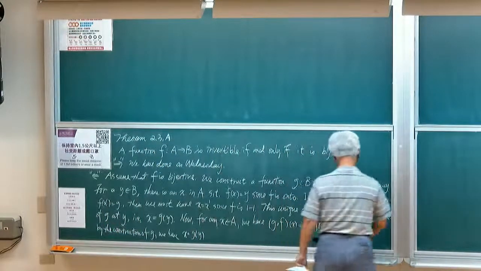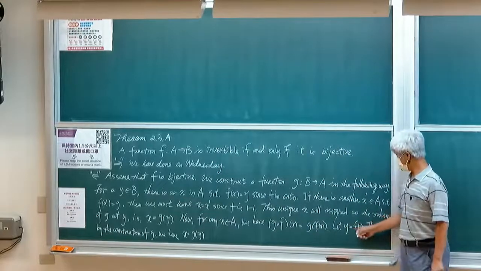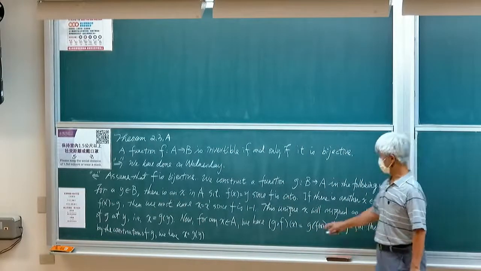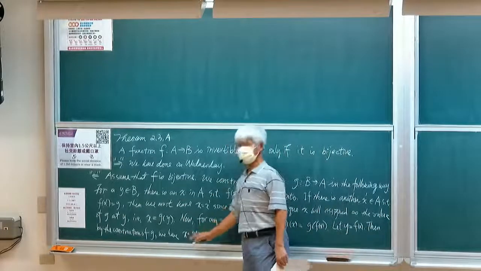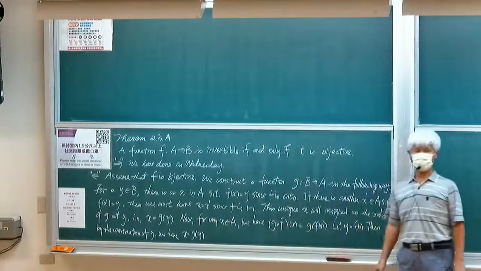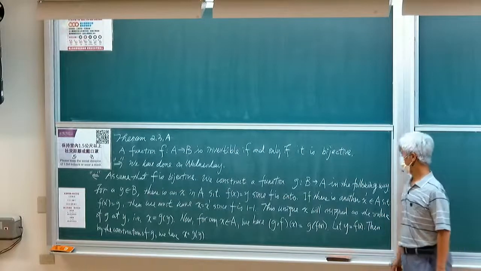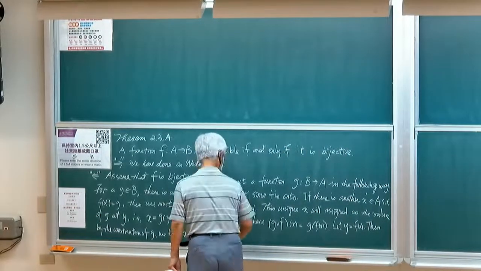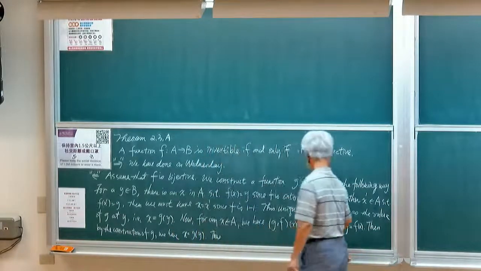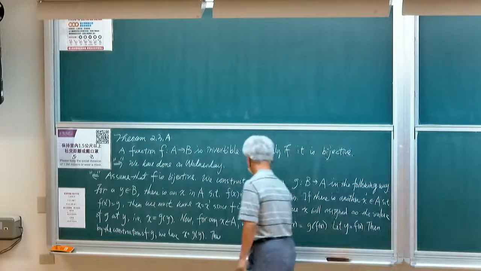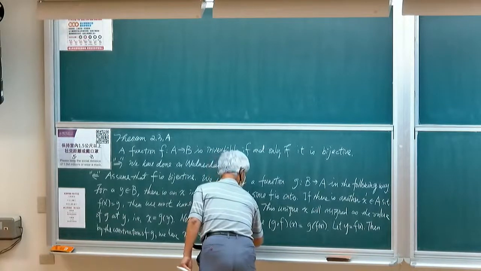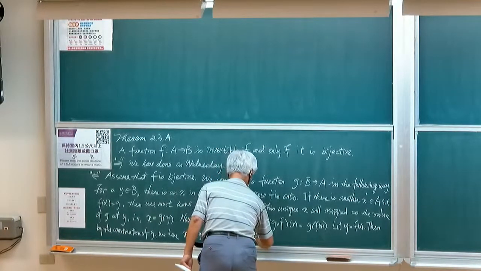Because whenever we know y is equal to f of x, then we know g of y is equal to x by the construction of g. So now we plug into here: g circle f of x equals g of f of x.